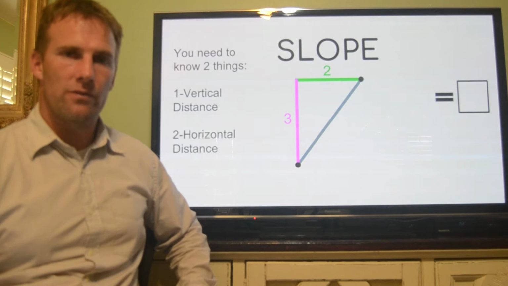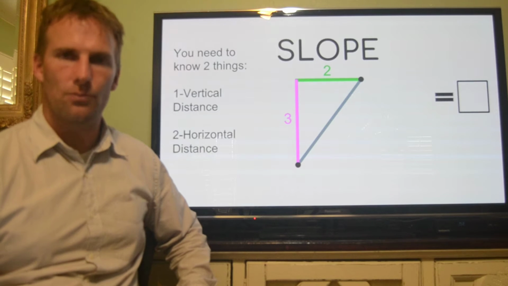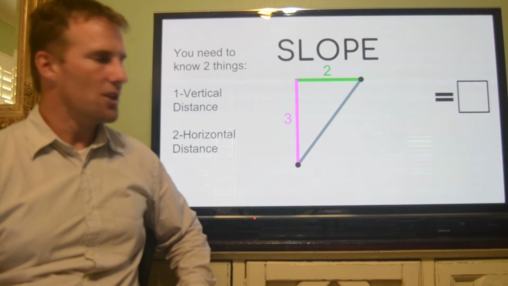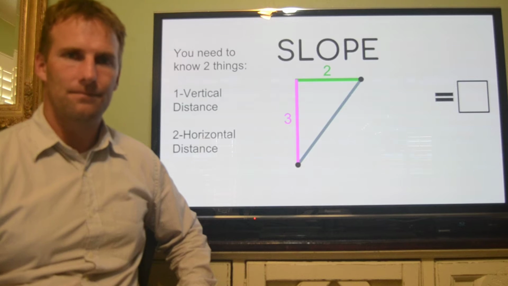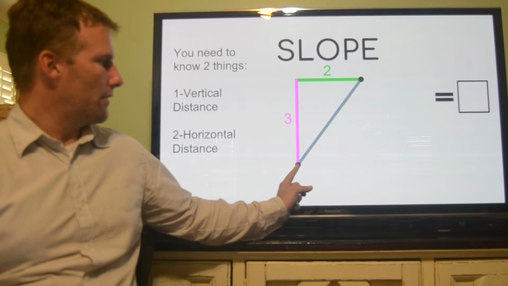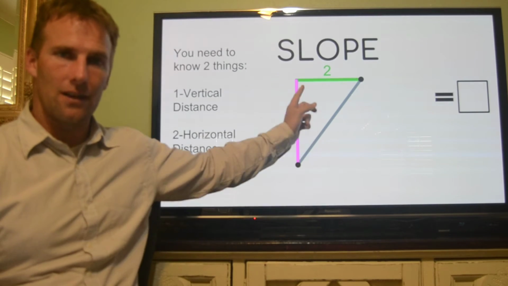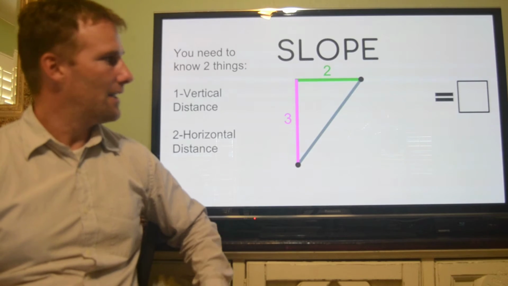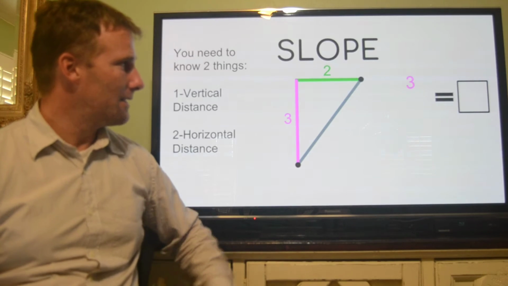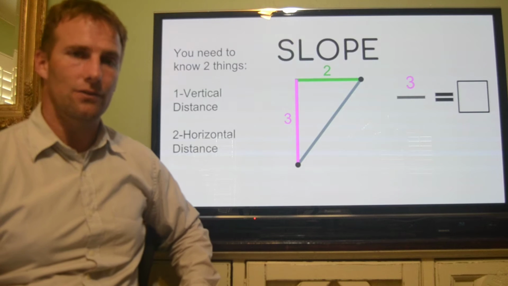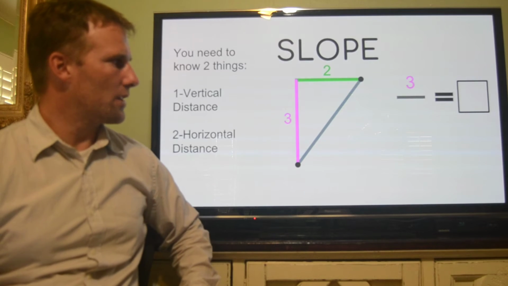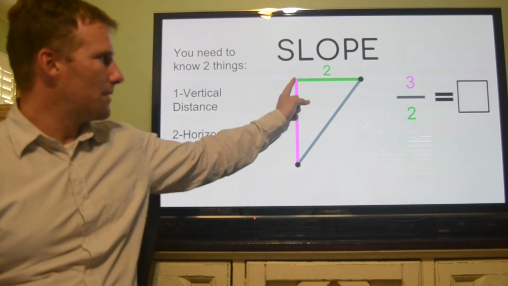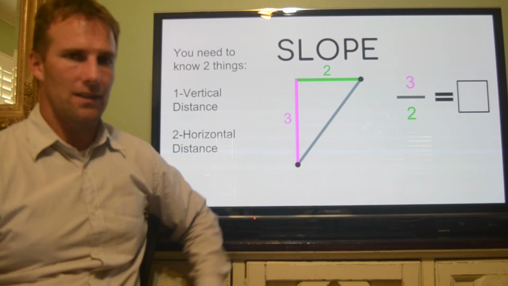With those two pieces of information, I can calculate the exact slope of the line. The way I do that is a simple division. I'm going to first take the vertical distance of 3, and then I will divide by the horizontal distance of 2. Another way that people can describe this is how far up and how far over.